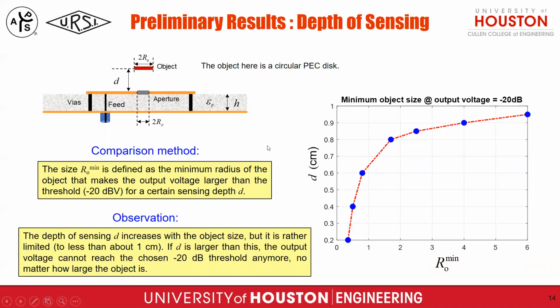If we increase the distance, we find the required object size is larger. While if the distance is larger than a certain value, the output voltage cannot reach the threshold anymore, no matter how large the object is, which means the depth of sensing is limited.